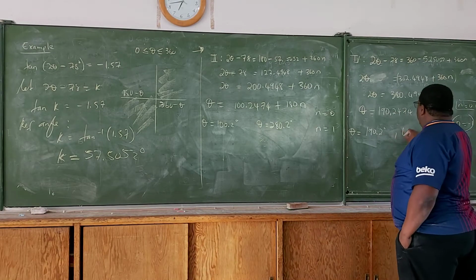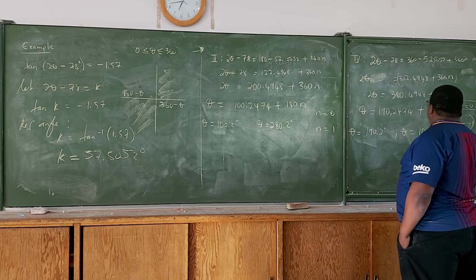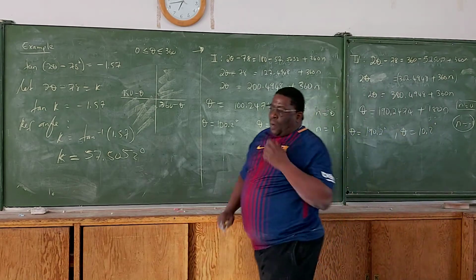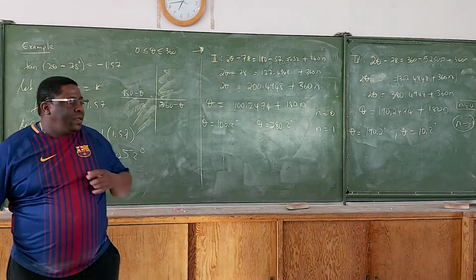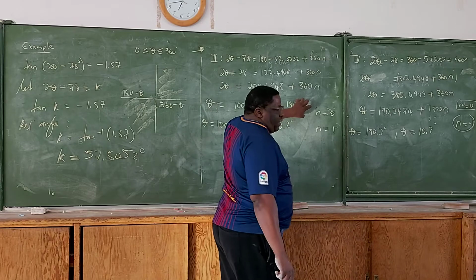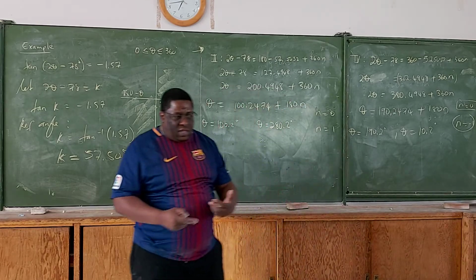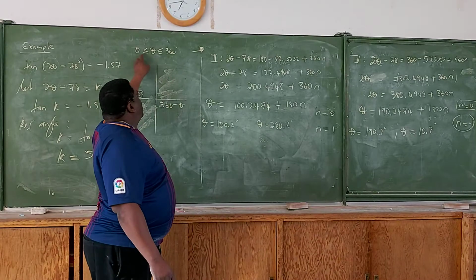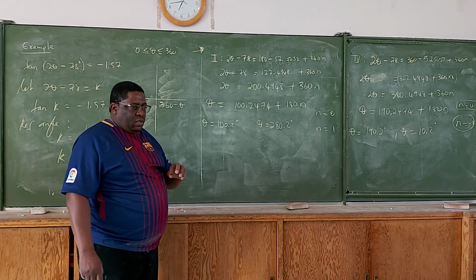Good. So theta will be 10.2. If I put -1 here, then this will give me a negative answer. We're not dealing with a negative angle. Our domain was initially from 0 to 360.